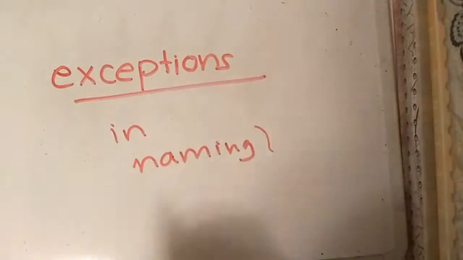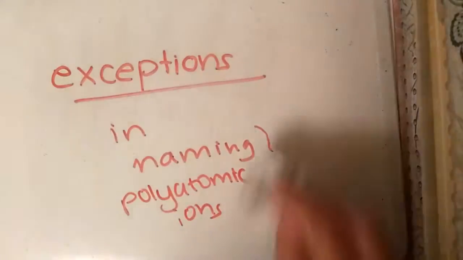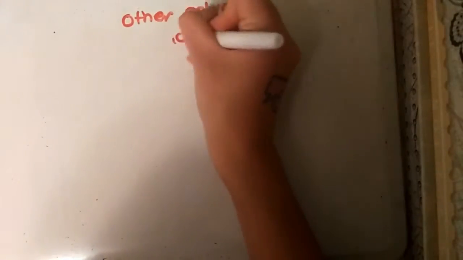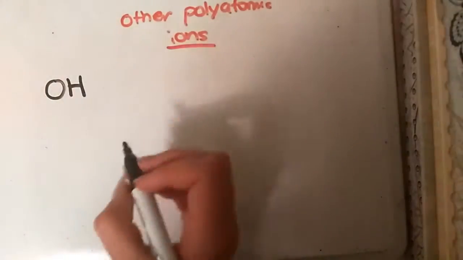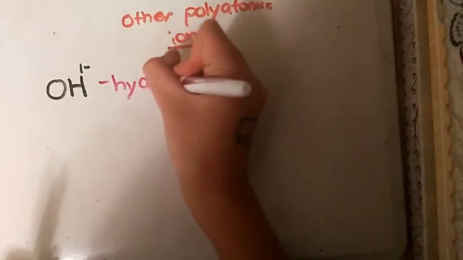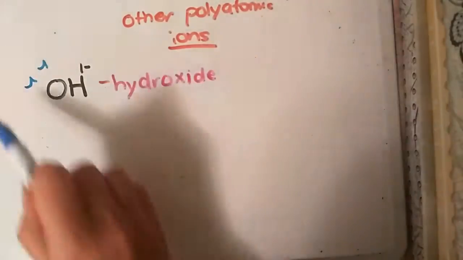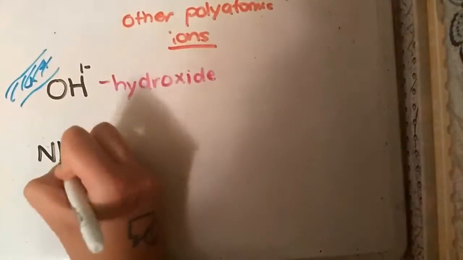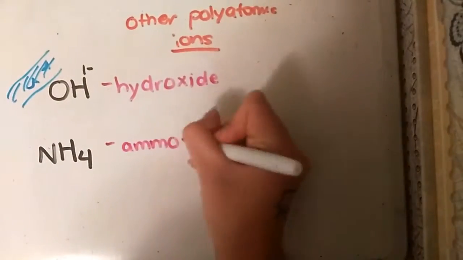Now time for some exceptions. There are many naming exceptions to polyatomic ions. I will teach you about 4 today. The first is OH 1-, which is hydroxide. Then NH4 1+, which is ammonium.